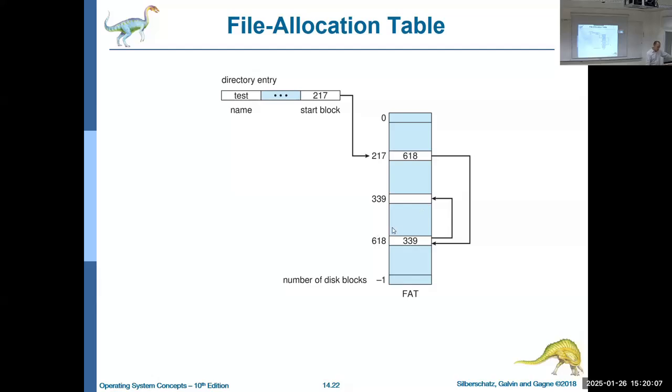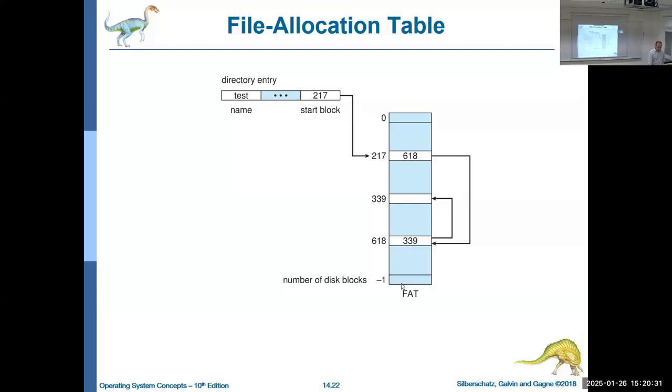Now, what is this number of disk blocks? Let me show you that. Oh, I understand. There should be no space here. Number of disk blocks -1. It's the second last one, that's correct. It's just saying that this is the last block.